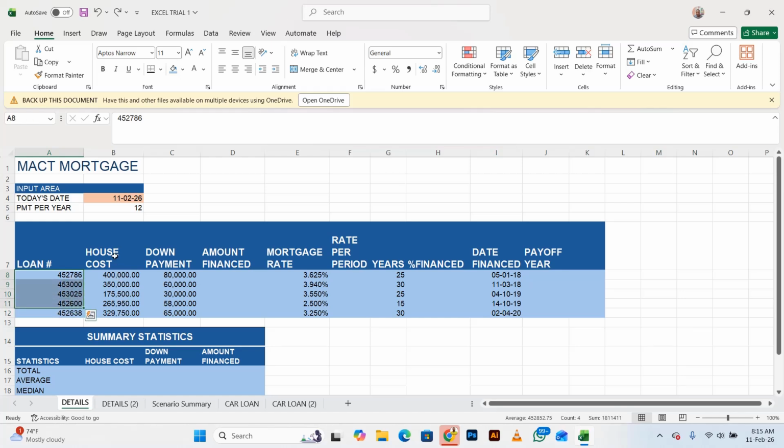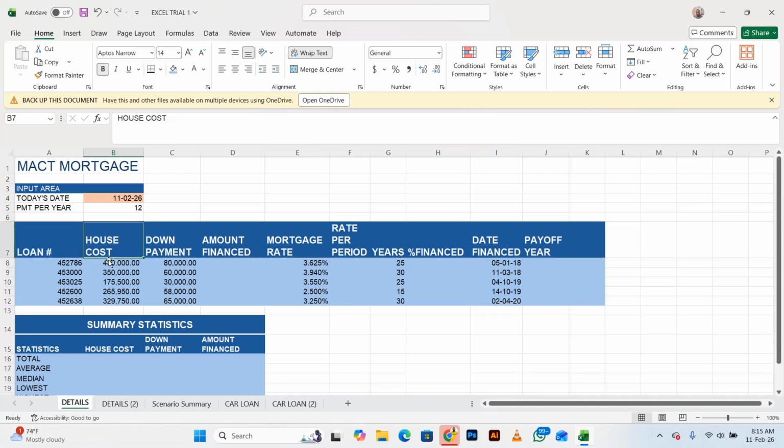The loan type is house loan, so let's bring this here a bit. The loan is a house loan, and then the down payment.